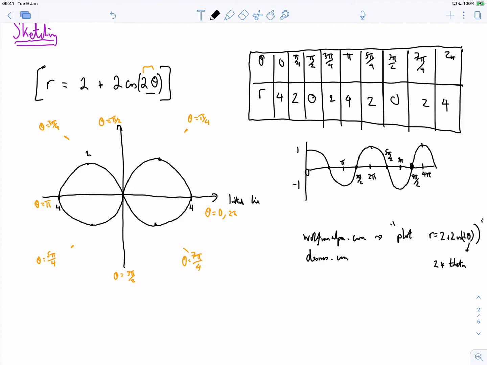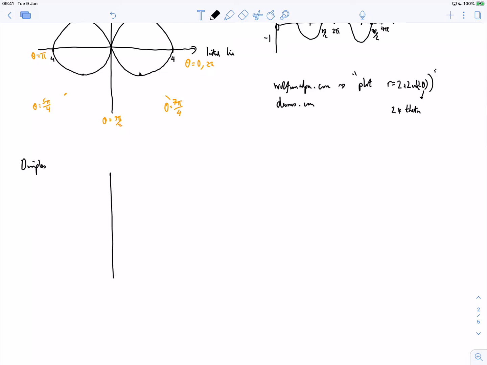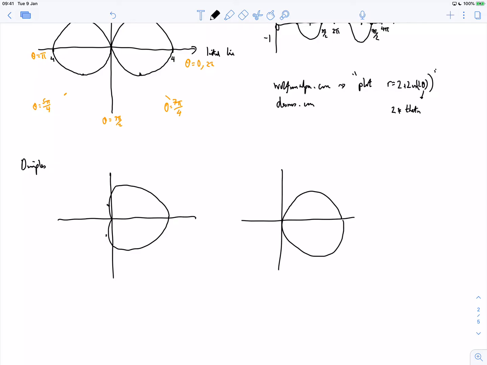Cool. Now, a little word of warning about that. Some graphs have what's called dimples. So for example, let's suppose you did that plot and you can't tell if your plot does this, in which case there's two little dimples here, or whether your plot does something like this and it's circular.